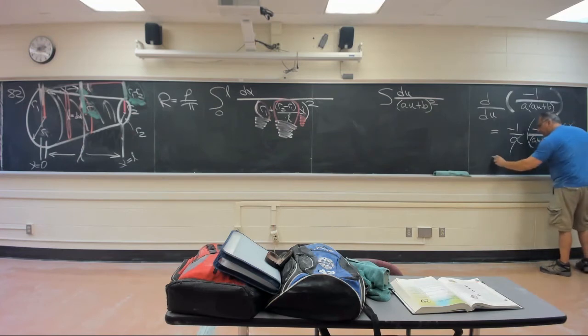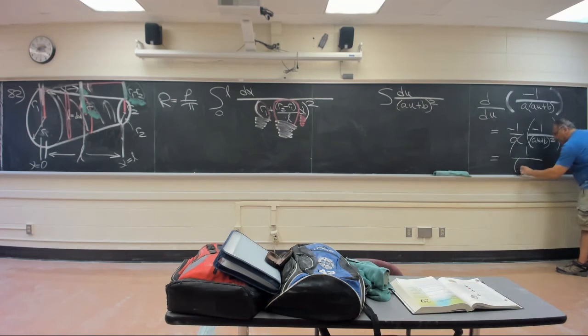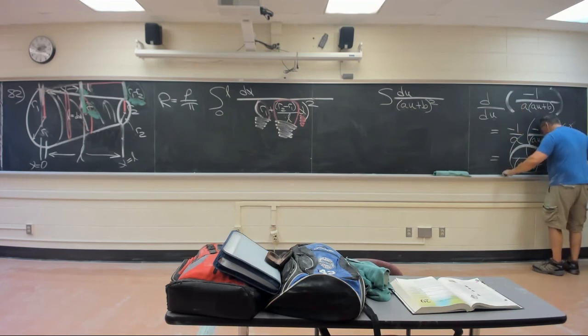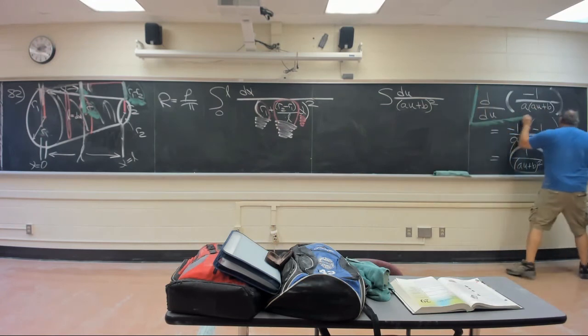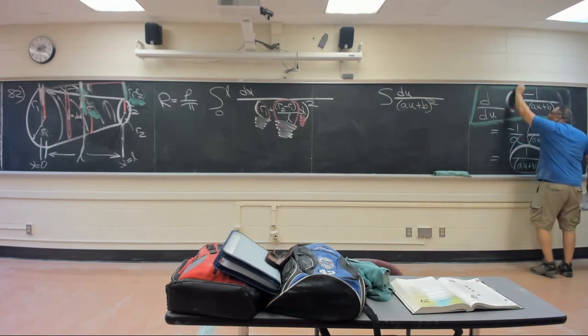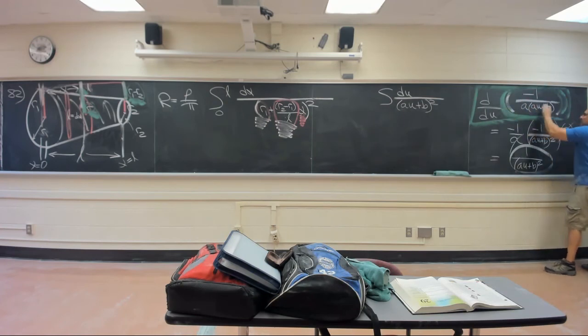Negative times negative is positive, and you end up with 1 over the quantity AU plus B squared. The derivative of this is this. That means the antiderivative of that is this.